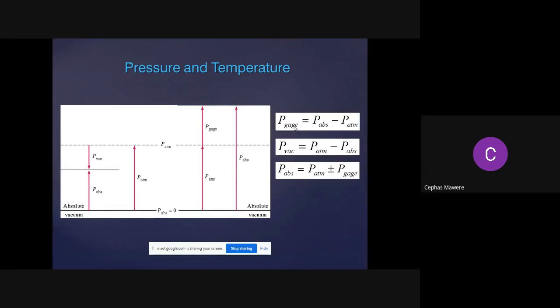Generally, we say pressure is equal to rho g h, which is your density times your gravity times your height. It gives you the pressure. That is the general formula for calculating pressure.